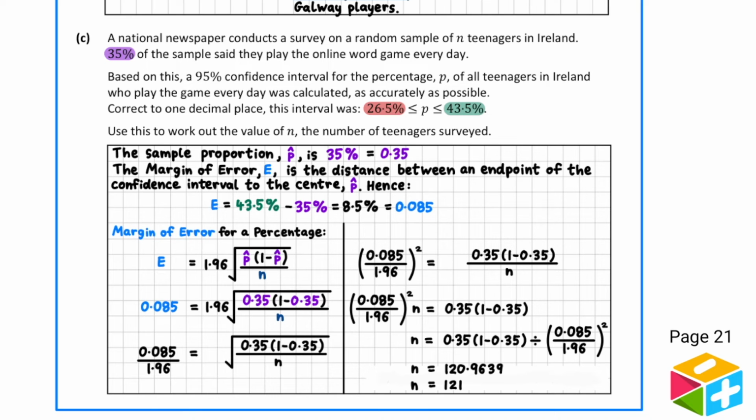The 1.96 represents multiplication, so this can be removed by dividing both sides by 1.96. Next, we can target the square root. The inverse of a square root is a square, so to get rid of this, we can square both sides.